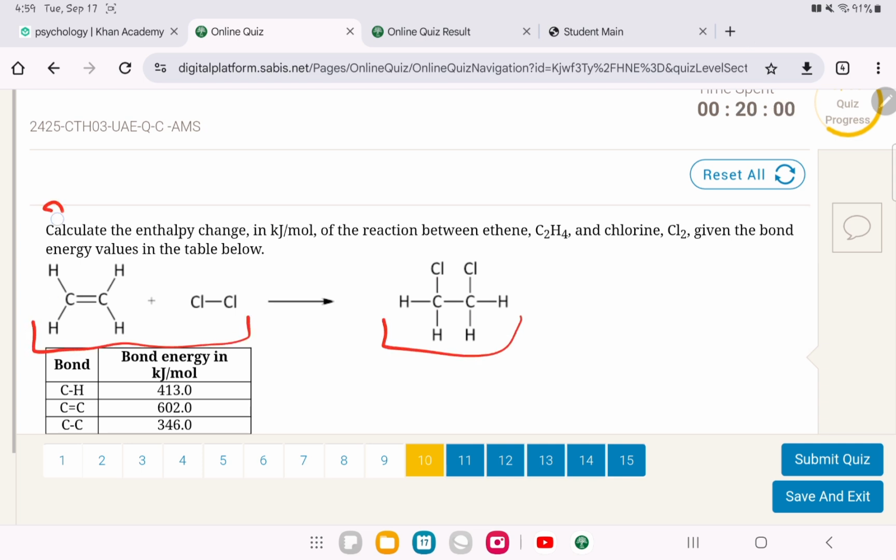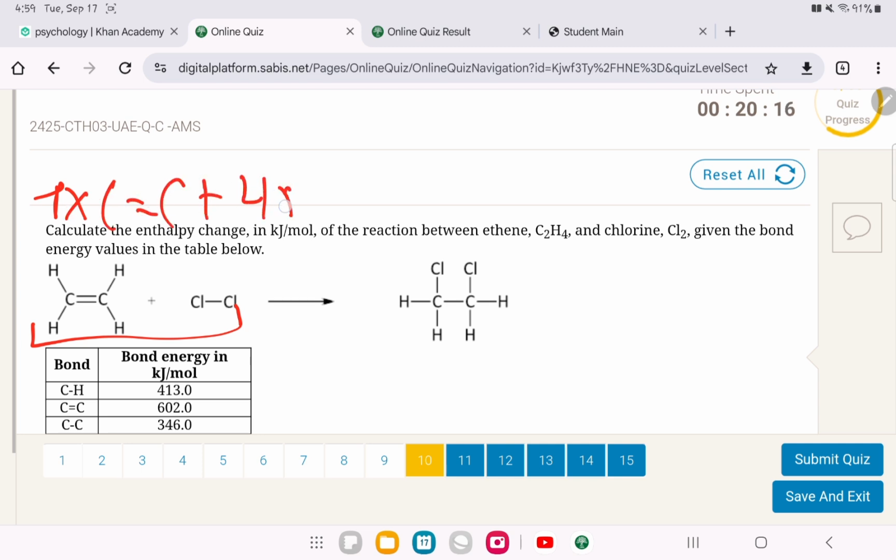This one is, we have 1 CC bond, plus 4 CH bonds, plus 1 Cl bond.